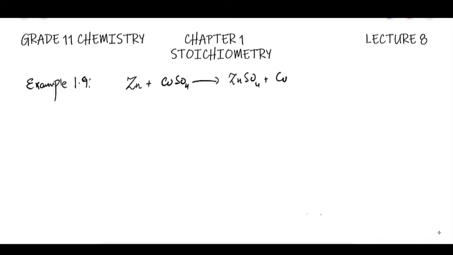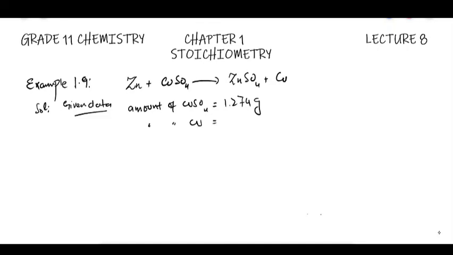The given data is the amount of copper sulfate, that is equal to 1.274 grams, and this leads to the formation of copper, which is equal to 0.392 grams, and we are asked to calculate the percentage yield.